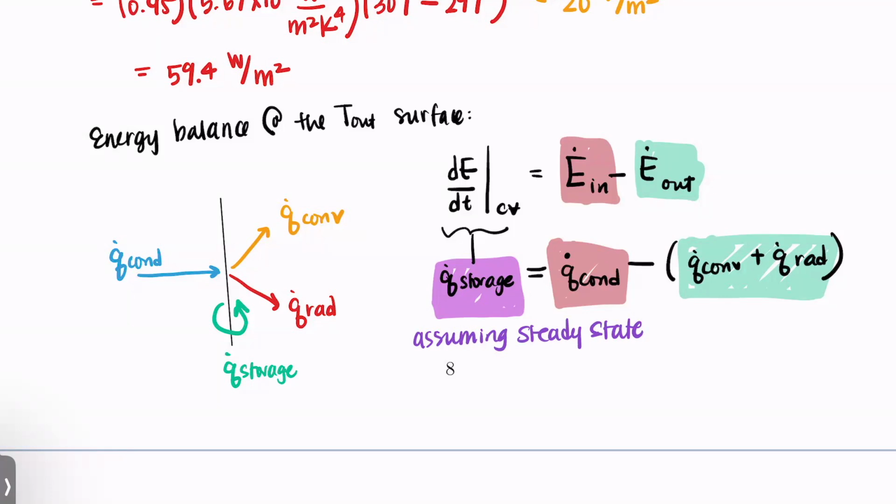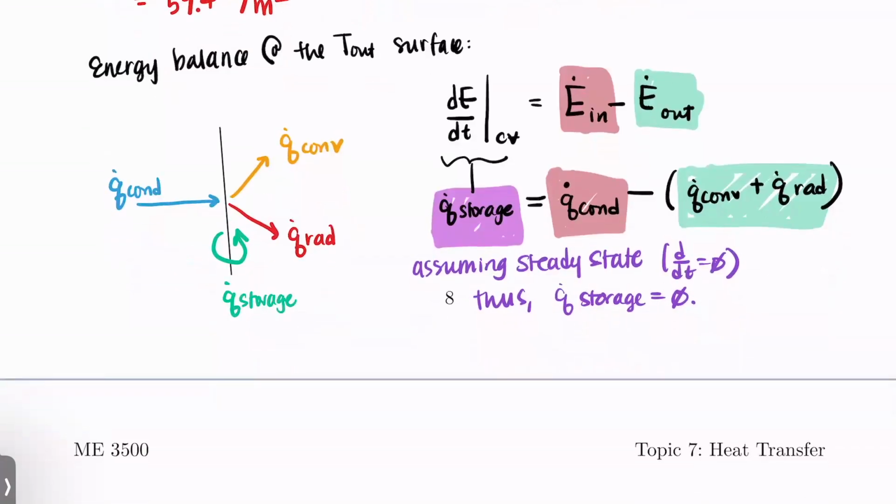So d dt equals zero, thus Q dot storage equals zero. Okay. So this means that our equation then just becomes Q dot conduction is equal to Q dot convection plus Q dot radiation. All right, what comes in is going out.